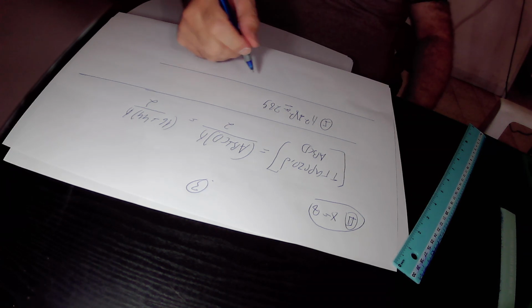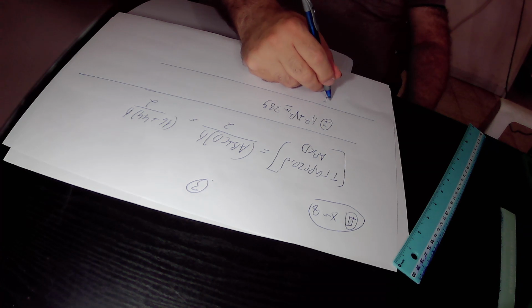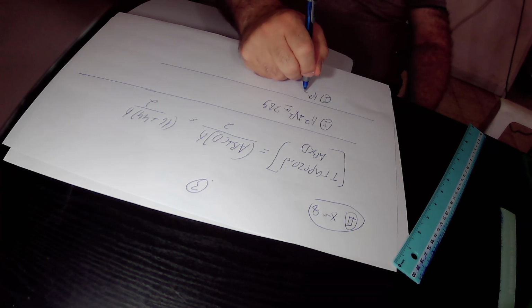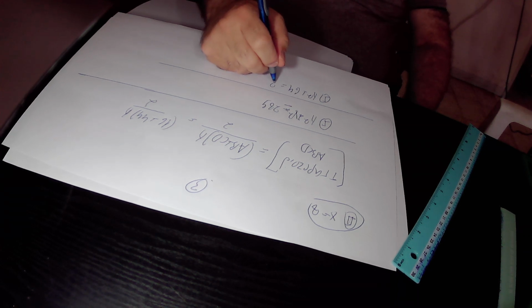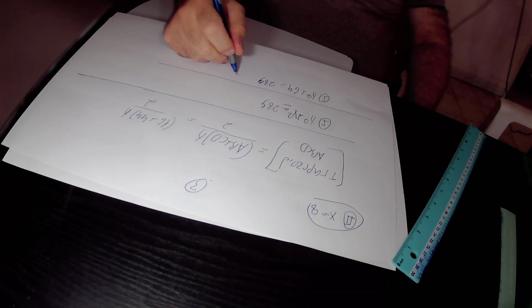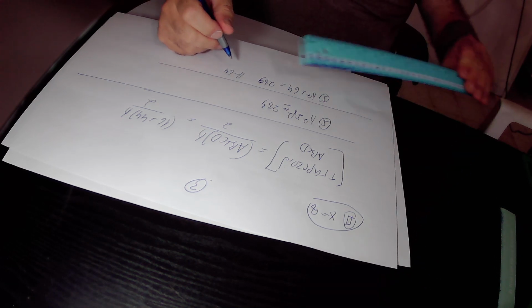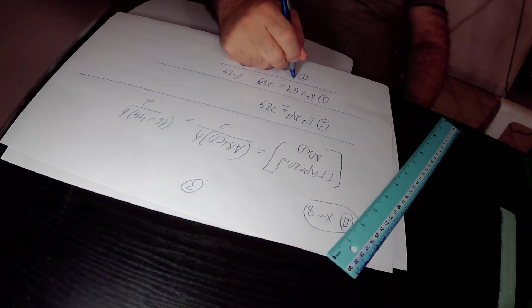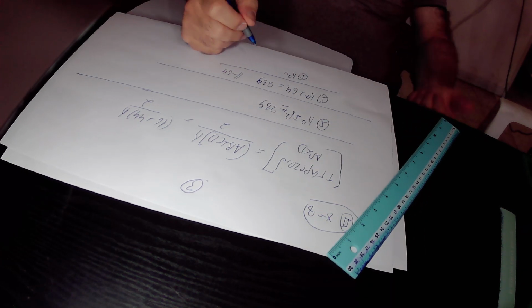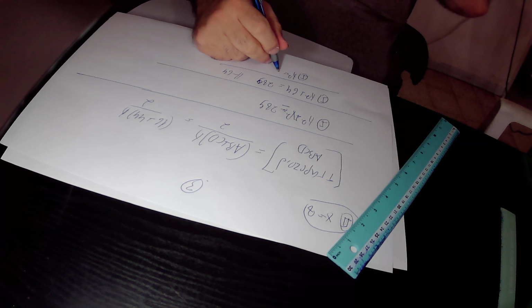We do it now and we get that according to equation 1, h squared plus 64 equals 289. Here we subtract 64, and we get that according to equation 1, h squared equals 289 minus 64 equals 225.